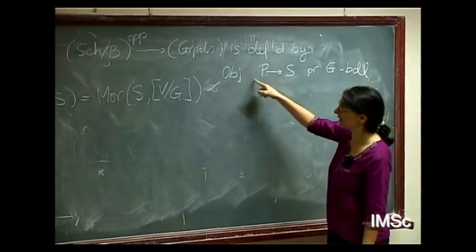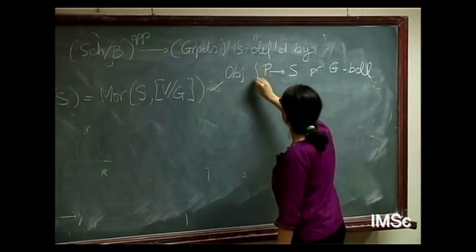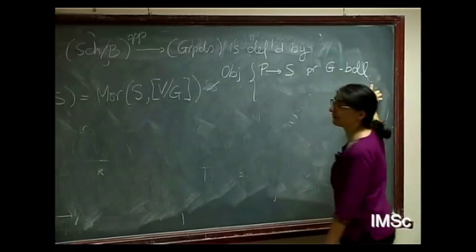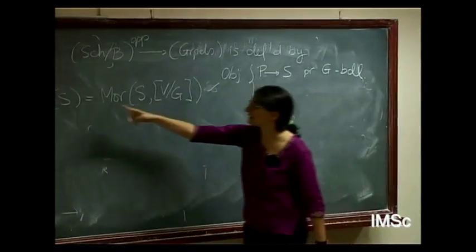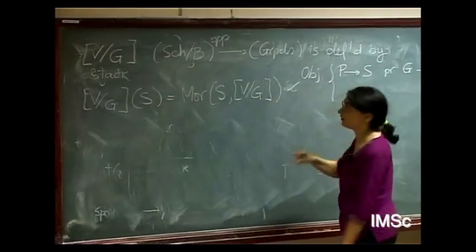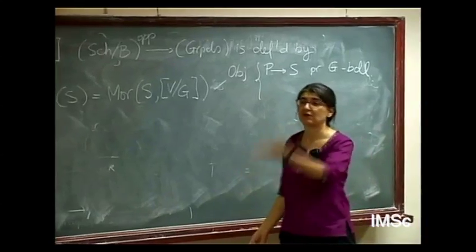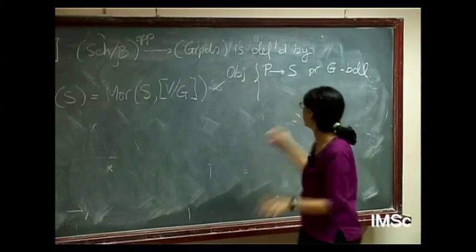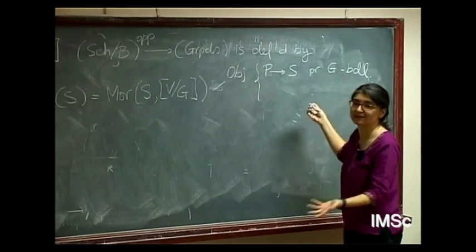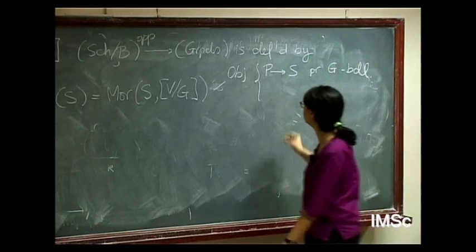The objects of these are pairs. First of all, I have a principal G-bundle. S is a scheme over B, and G is a group scheme over B, so I can pull it back. If you want, here you can put G_S, but I think we all know what we mean.